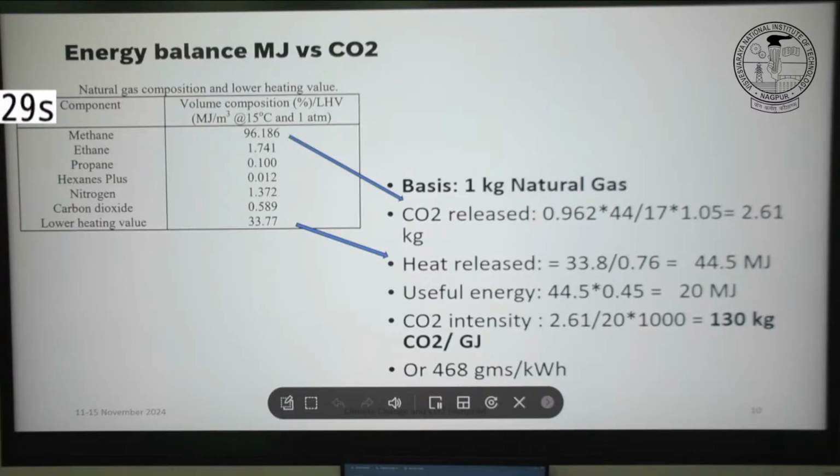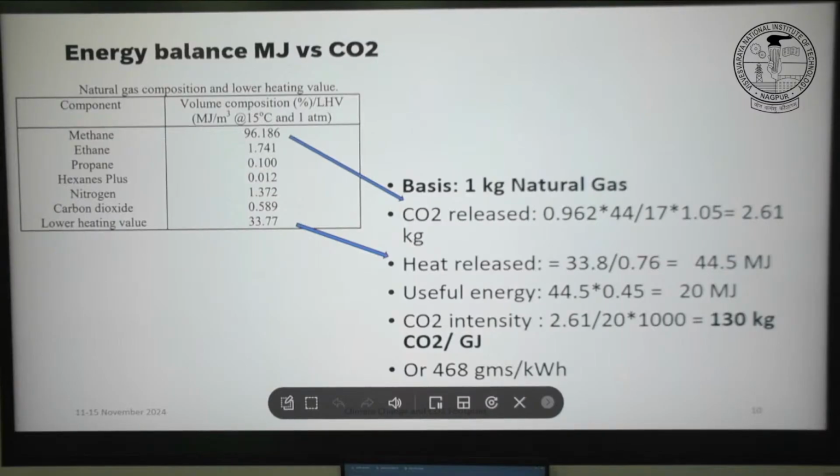So ideally, you would have done the calculation based on 96 times 44 divided by 17, plus 1.74 times 44 divided by 30, because ethane C2 has a molecular weight of 30. So ideally we would do the calculation based on each component, but for the sake of simplicity we put a number 1.05, because the ethane is also less than 2%.